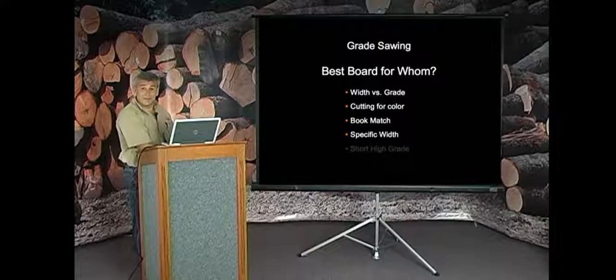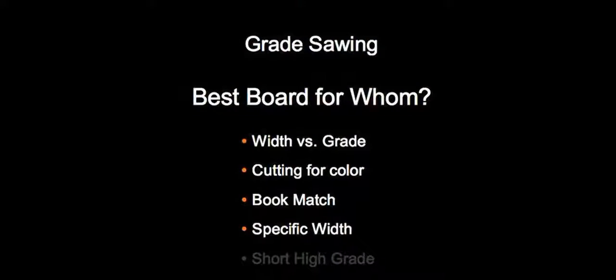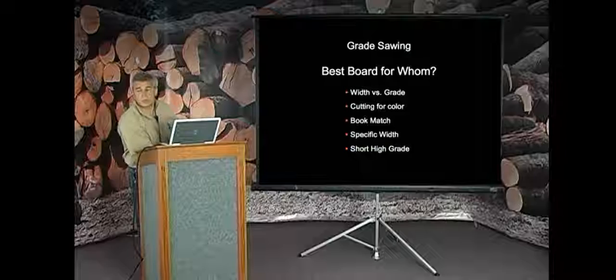And then, where most of the grade lumber has to be 8 foot and longer, what about all that 4, 5, 6 foot lumber that's clear? The woodworker doesn't need it any longer than that. It works fine for him. That's grade sawing, as far as I'm concerned. That's how grade sawing applies to us as Wood-Mizer owners.